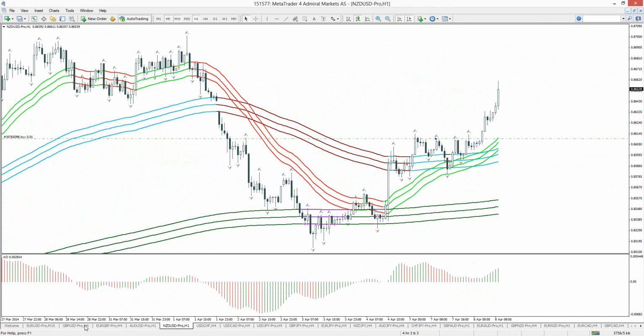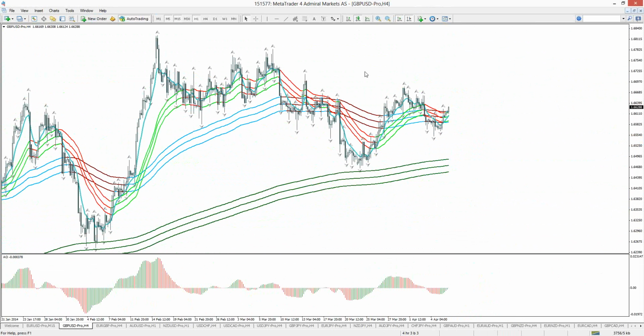Pound dollar is a bit more mixture, right? It's a bit more messy. And we can see the price is at a resistance line as we speak, right here. So a break above that would mean the continuation of the uptrend.